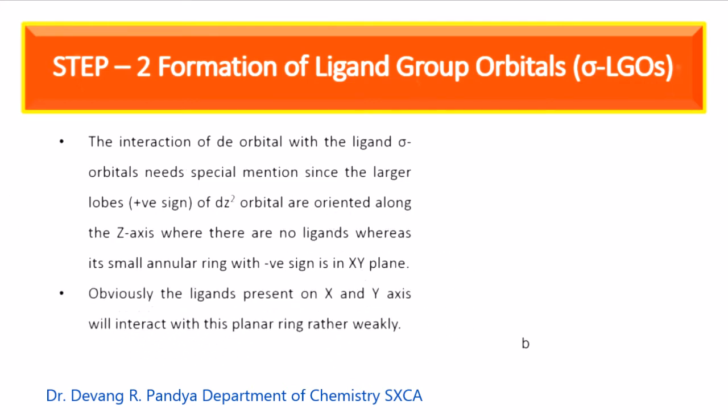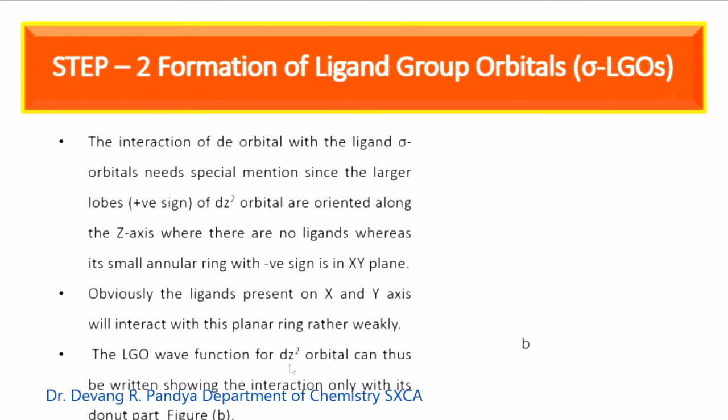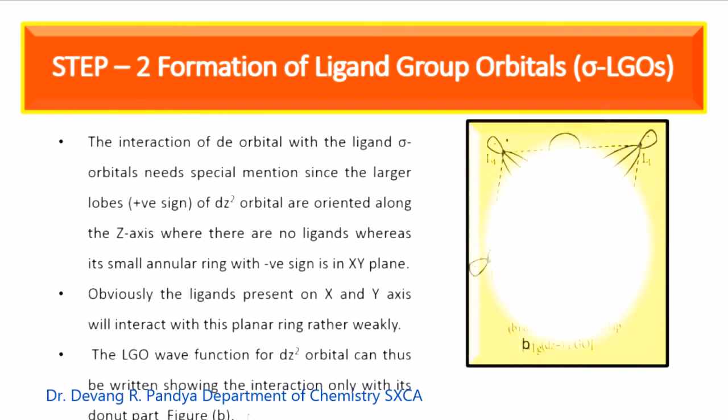So you can see obviously the ligands present on the x and y axes are going to interact with the planar ring, and that interaction is going to be a very weak interaction. The LGO wave function of the dz square orbital can thus be written showing the interaction only with its donut part, not the main lobes.